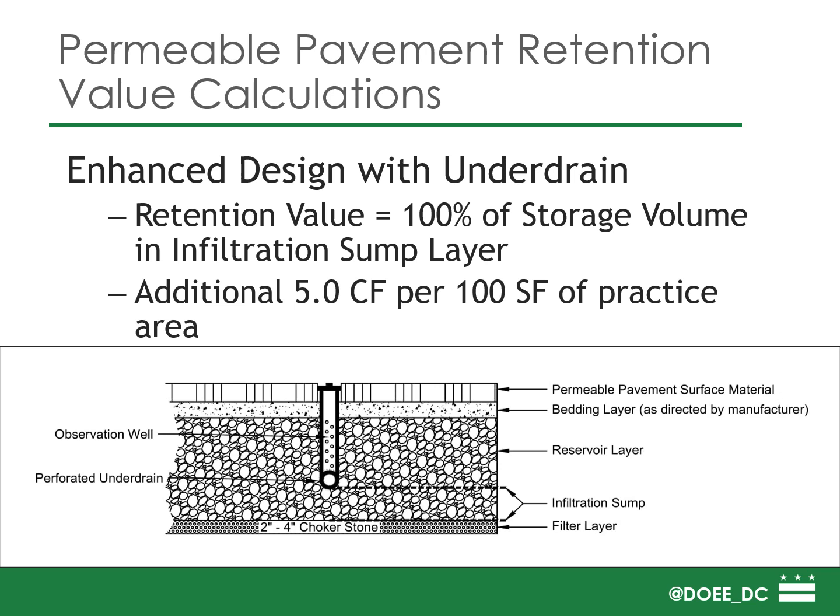But for the part on the top, which is basically like a standard permeable pavement, you get an additional 5 cubic feet per 100 square feet of practice. So what's in that sump, what goes down and gets fully infiltrated, that storage volume calculation is equal to the retention value, plus another 5 cubic feet per 100 square feet of the practice for the top part of it.